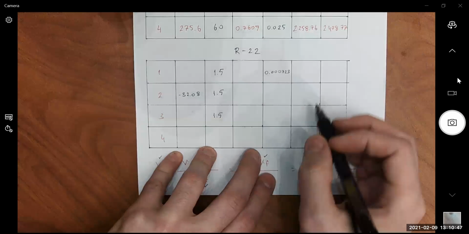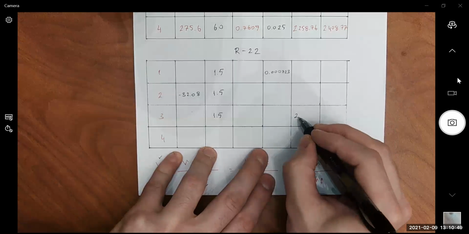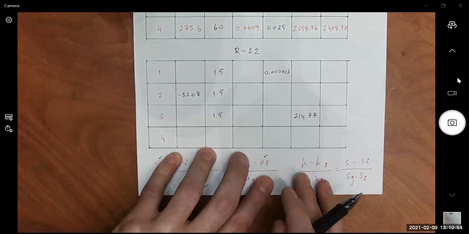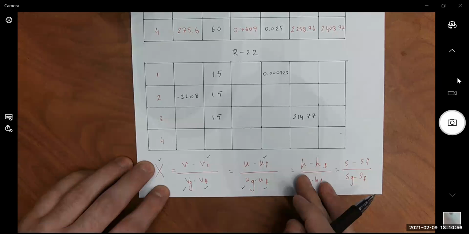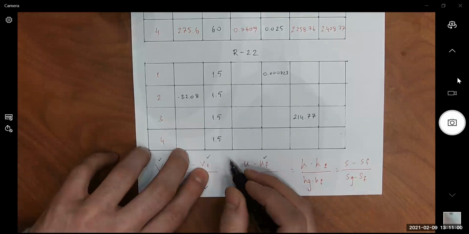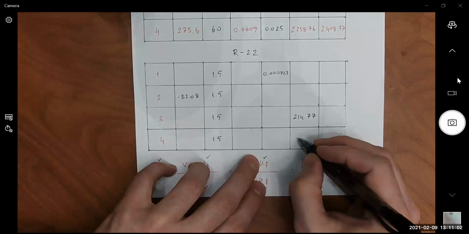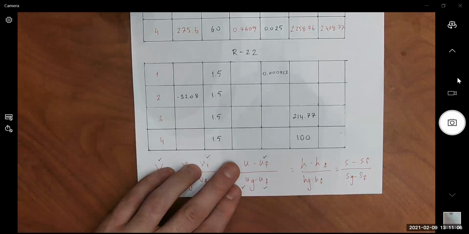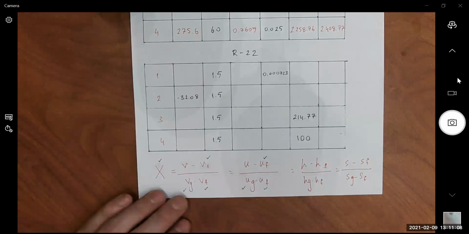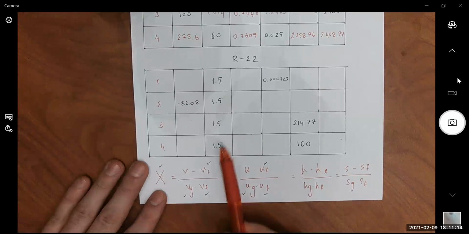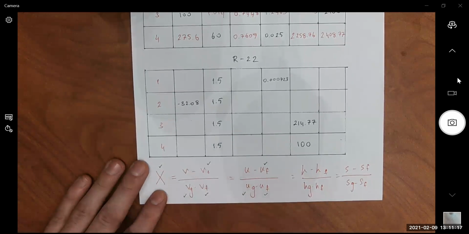Internal energy is 214.77 kilojoules per kilogram. Case 4, pressure is 1.5. Internal energy is 100. I will give you the answer for the next one.